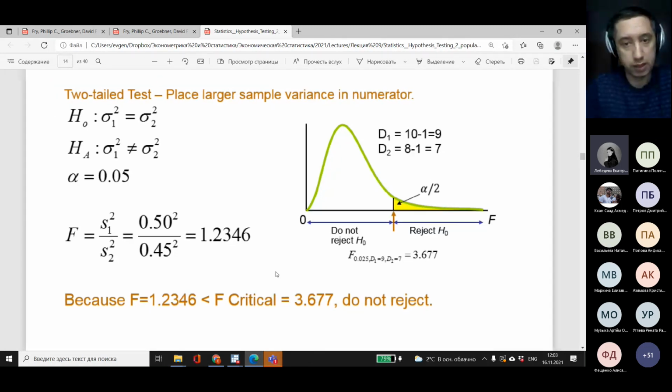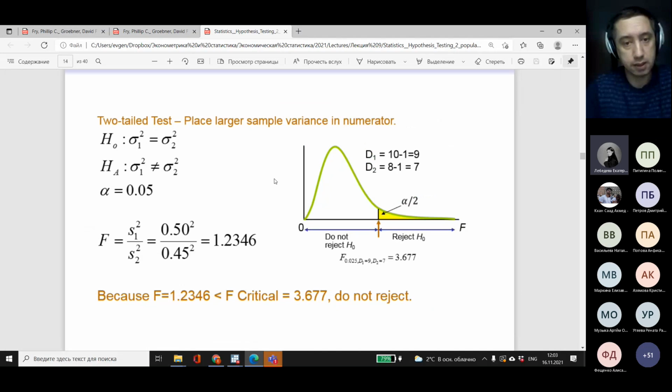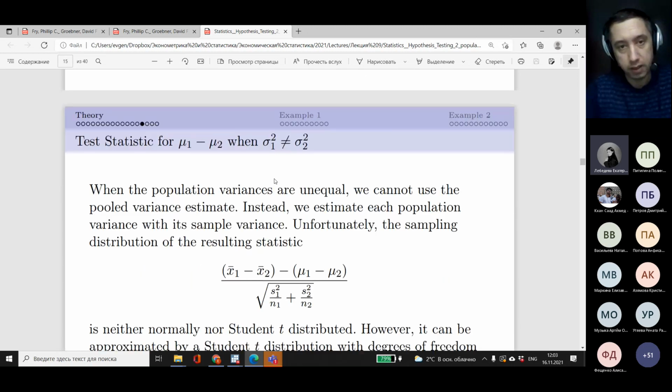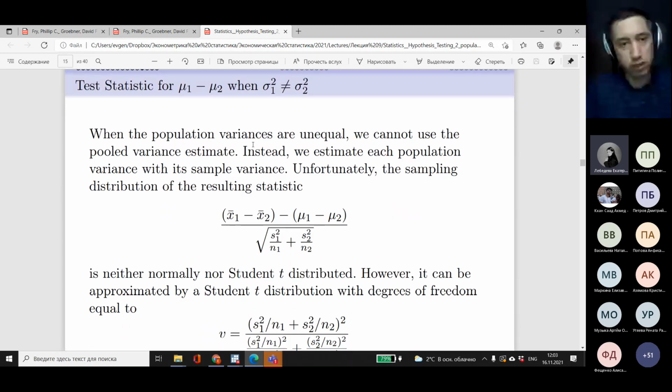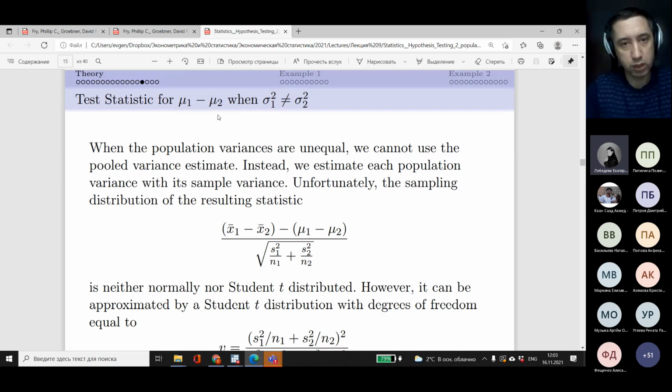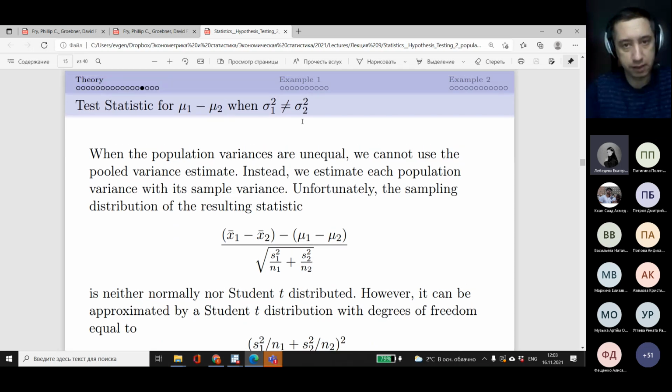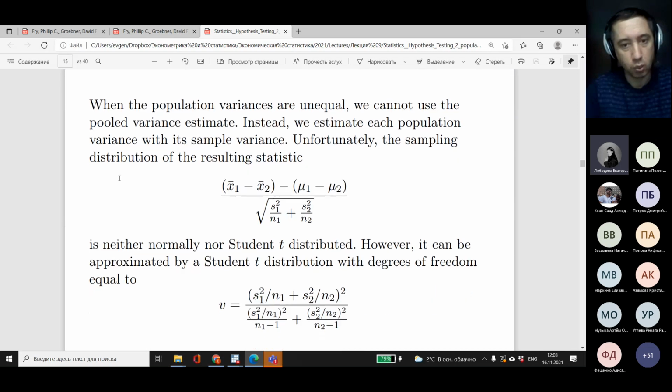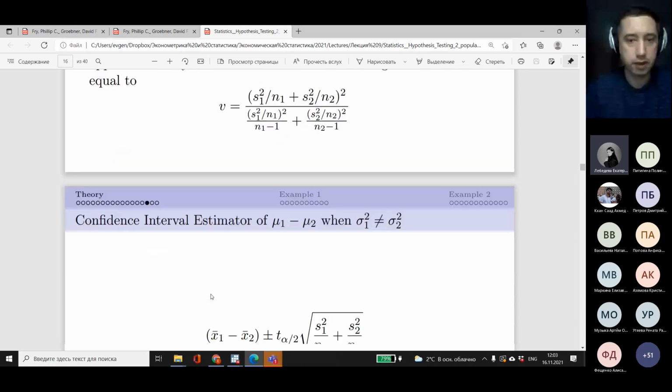What can we do else? We can use this task to make our t-test better. Let me mention that when we assume that variances aren't equal in the t-test, we should calculate degrees of freedom using such a formula.